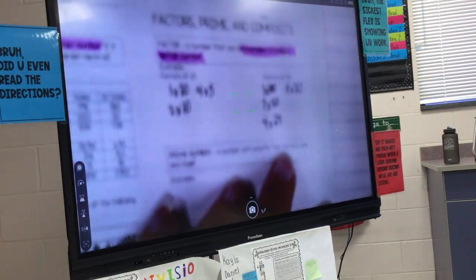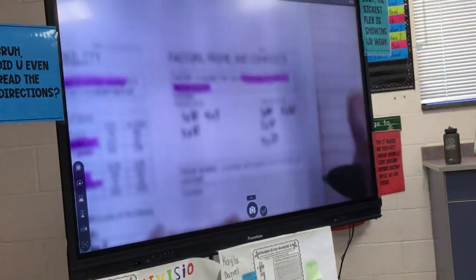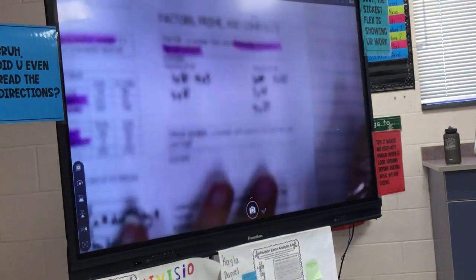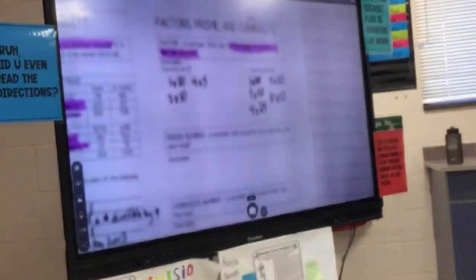So 6, 7, 8, and 9 don't work. How do you know?